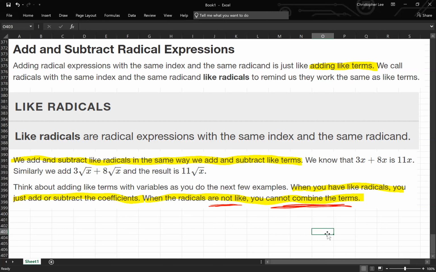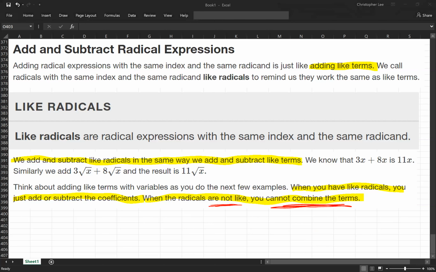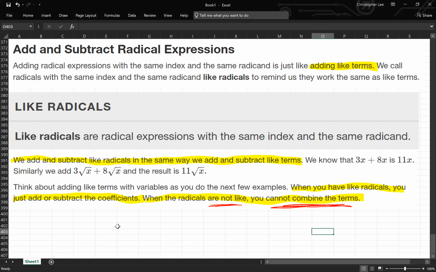Think about adding like terms with variables as you do the next few examples. When you have like radicals, you just add or subtract the coefficients. When the radicals are not alike, you cannot combine the terms. You just leave them the way they are. You cannot combine them if the radicands or the index is different. So let's take a look.